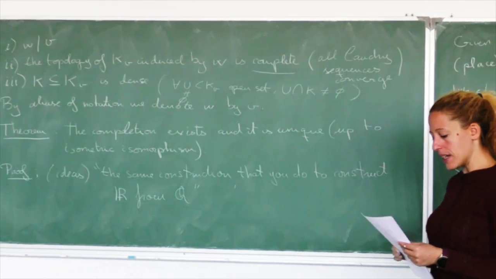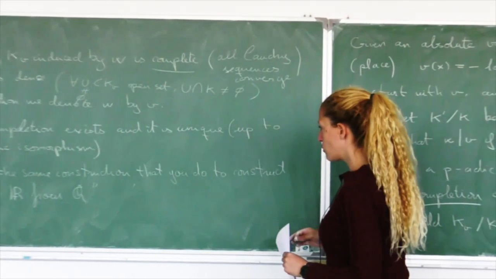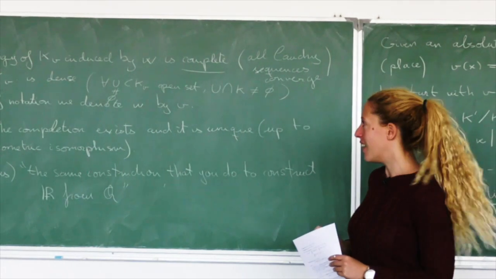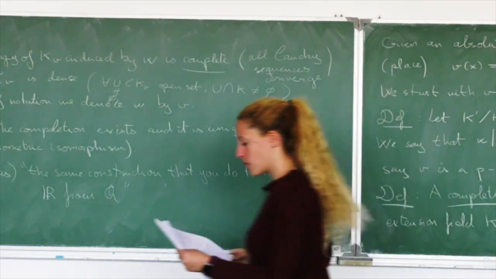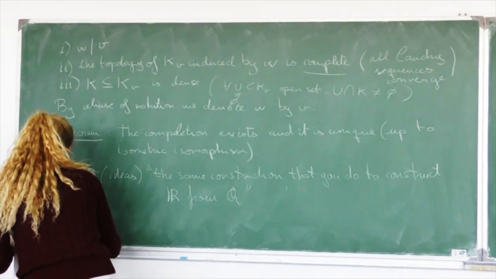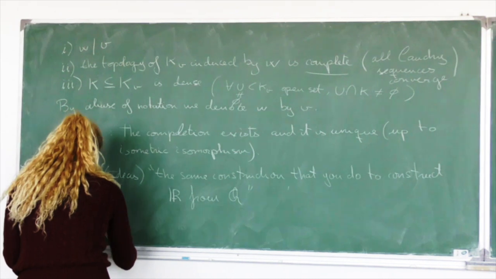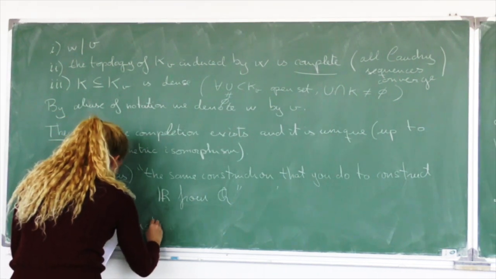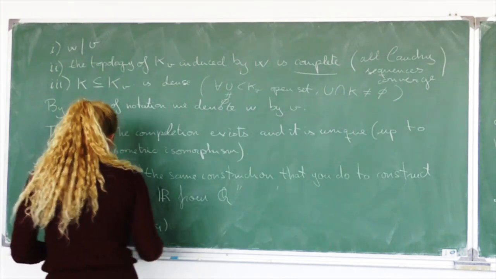Now we'll see another theorem that actually tells you which ones are the Archimedean absolute values for the rationals. So I'm going to write it here. Theorem, this has a name, Ostrowski.